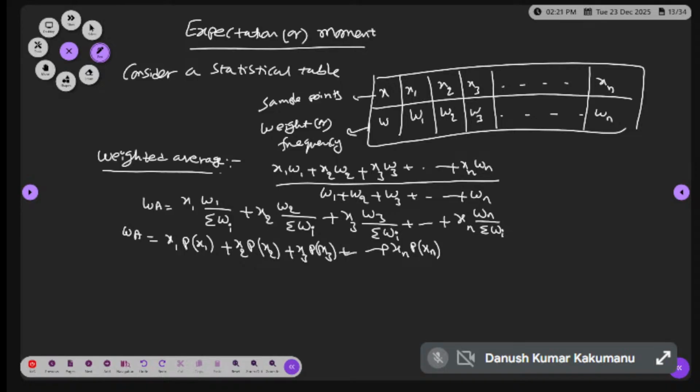Understanding? Weighted average in terms of the probability. So write all of them using summation: sigma i equals 1 to n, xi into p of xi. Weighted average we are converting into the probabilities. All these we are writing using the probability.